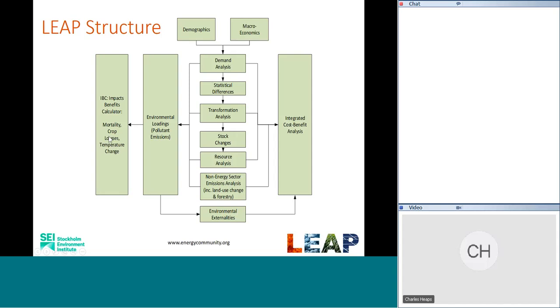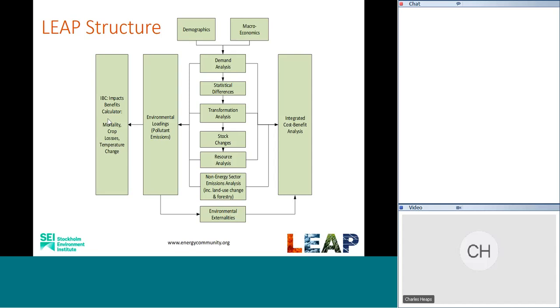And then finally, we have this add-on component, which is fairly new in LEAP, called IBC, the Impacts Benefits Calculator. What that does is it takes the emissions coming out of LEAP, feeds them into a global atmospheric geochemistry model and actually looks at how those emissions disperse around the world, and it uses that information to calculate population-weighted concentrations of secondary pollutants.